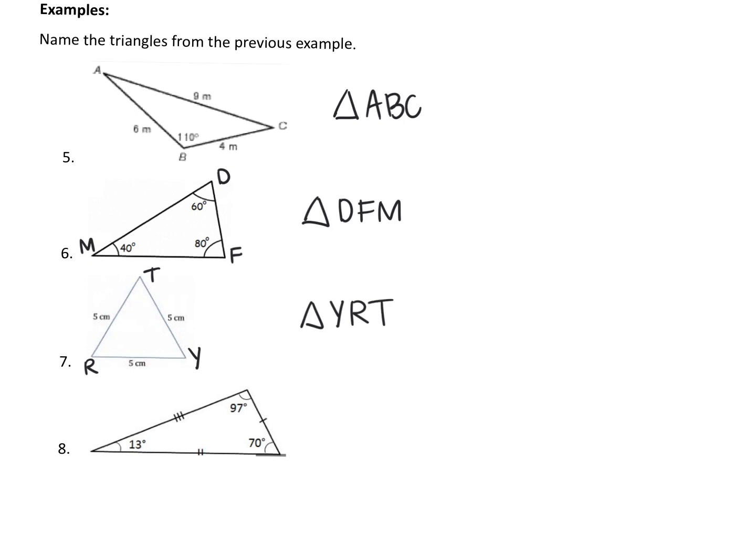So again, it didn't matter which one I started with, as long as I put it in order. And the last one, let's do W, H, L, so it'll be triangle HLW. So there you go. That's how you name a triangle. It's very easy. So let me know if you have any questions about classifying a triangle or naming a triangle.